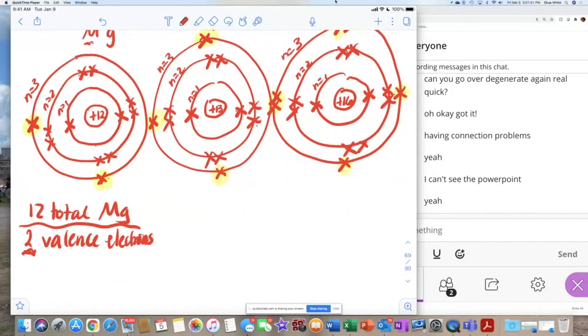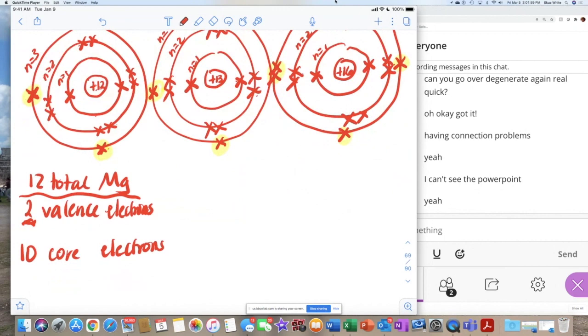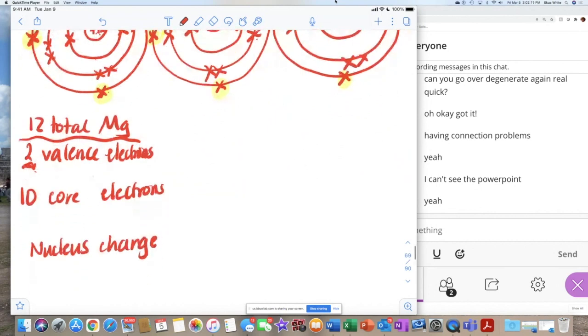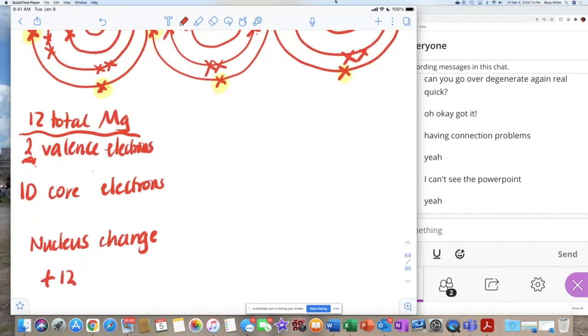And then 10 are core electrons. 10 are inner electrons. So since the nucleus is plus 12 and 10 electrons block it, the valence electrons only experience plus 2. So I'm showing you like this. The nucleus has a charge. The nucleus charge is plus 12.